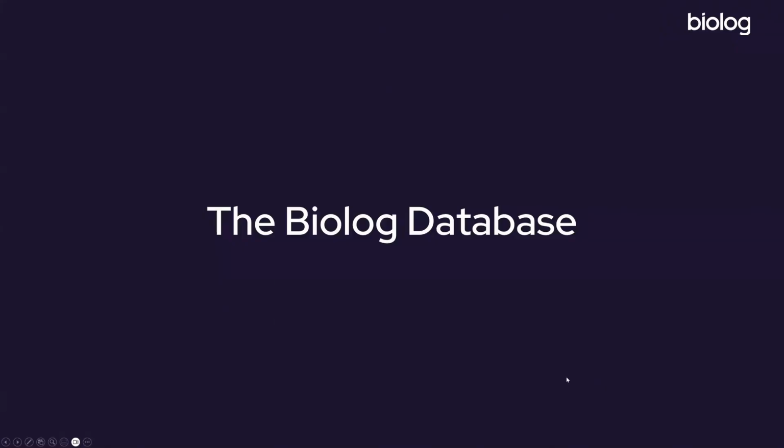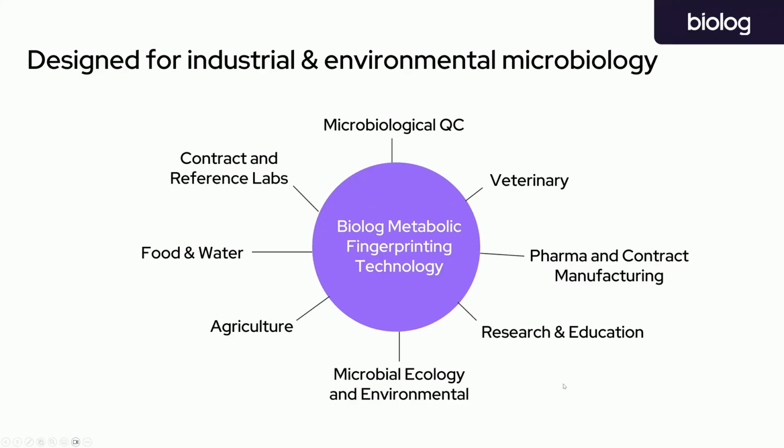And so just to talk a little bit more about the Biolog database, because our products are intended for research use only, as well as veterinary diagnostic use, what you'll see that's not shown on this slide are any clinical applications for humans. So we do have many organisms in the database that are of clinical importance, but we've specifically designed our products for industrial microbiology.